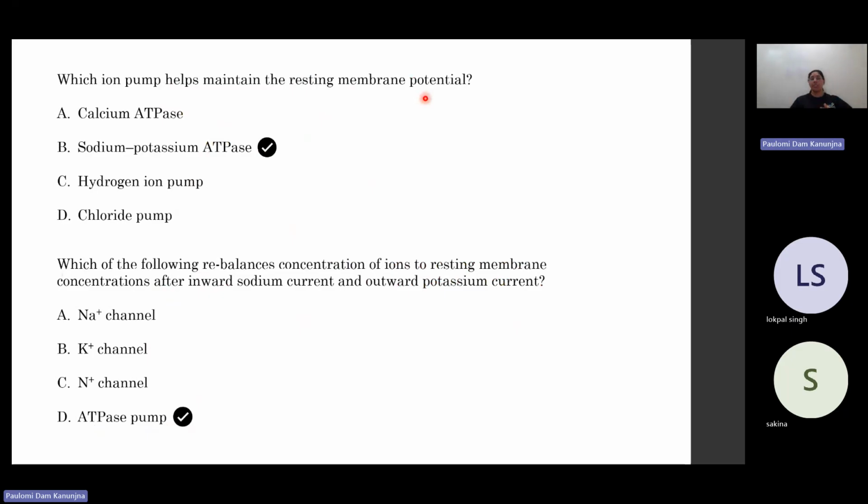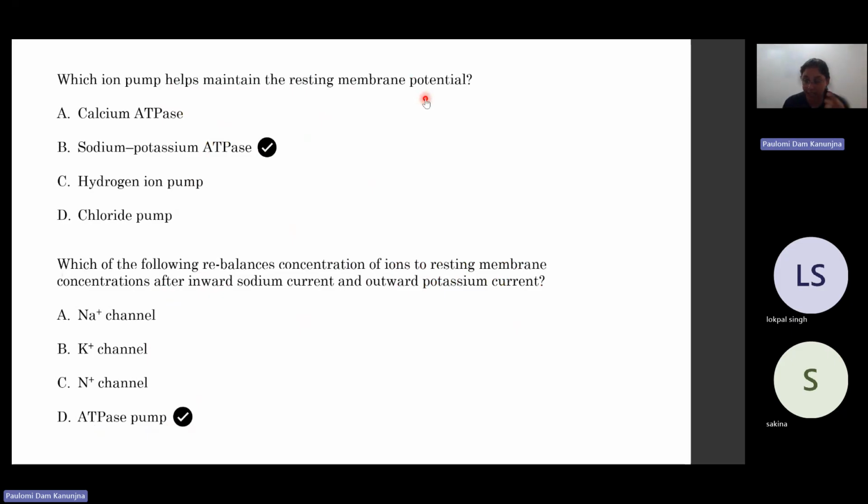So let's imagine if it was only sodium coming in, there will be no resting membrane potential coming back. If it's only the potassium that goes out, but there is no sodium intake, what's the point? It will not bring it back to normal. You need both sodium and potassium to go out and in, along with your ATPase activity. So that's why both the terms together, not just one single channel.